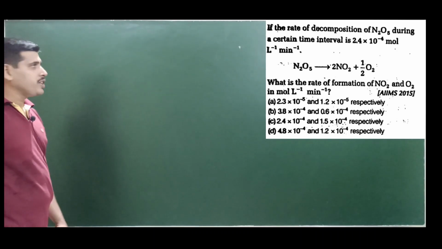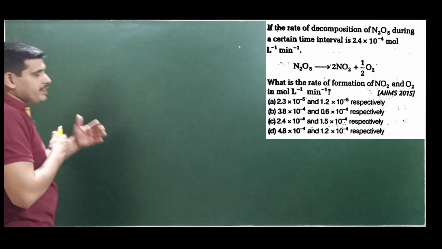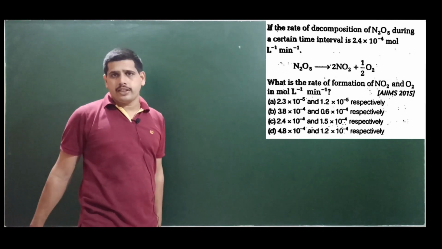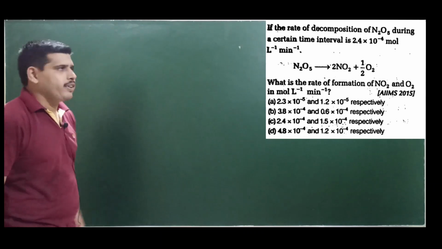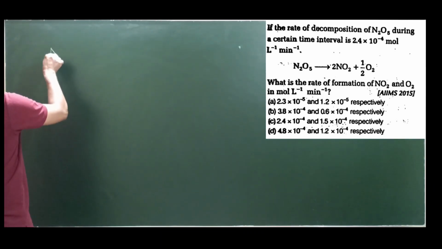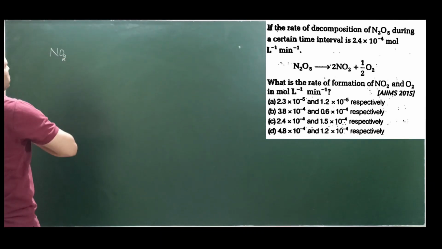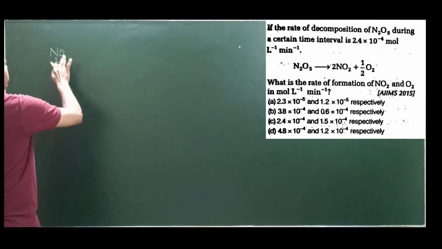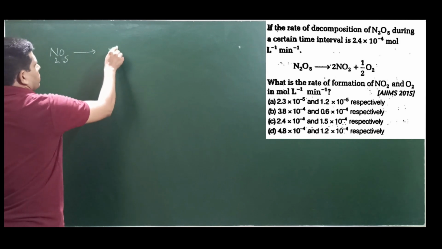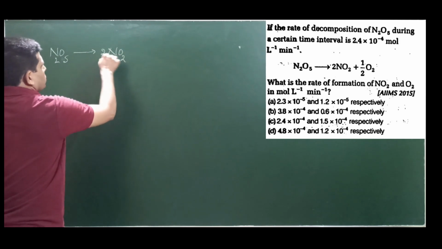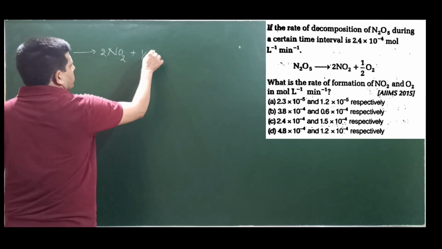So what we'll do is write the reaction first, then in the differential rate equation we'll write how reactant and product rates are connected. With that we'll find out. So what is the reaction given? N2O5 decomposes to give 2 NO2 plus half O2.